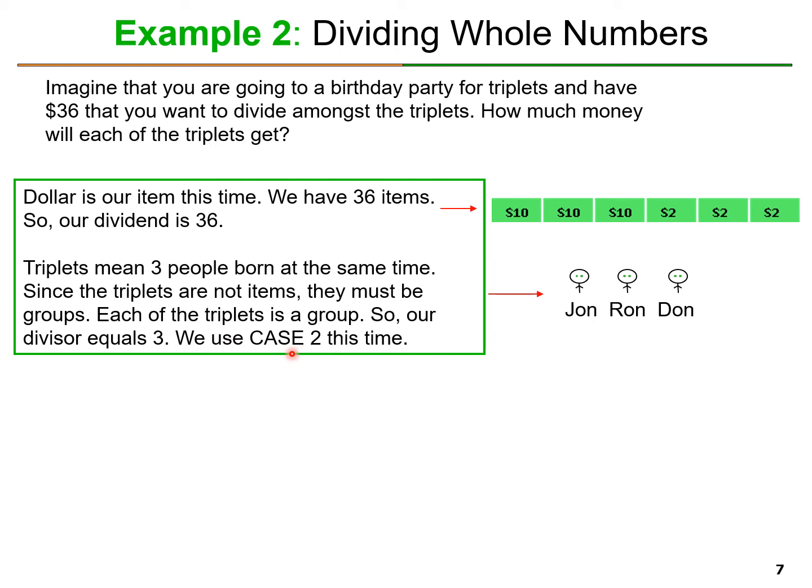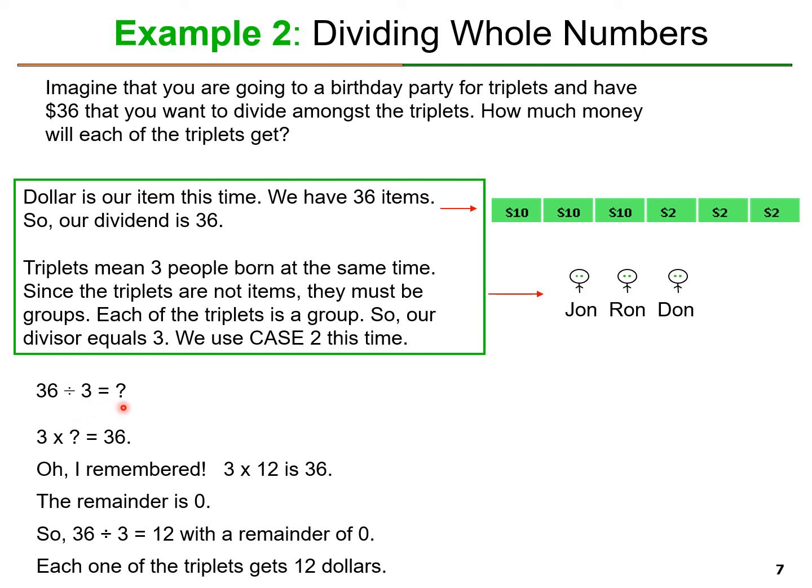So basically, we're trying to find how much money, or how many items, we can put in each group. We ask ourselves, 36 divided by 3 is equal to what?